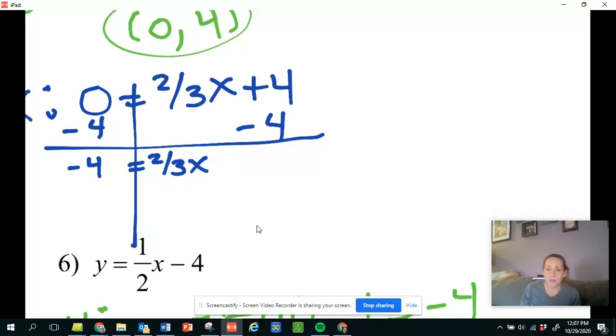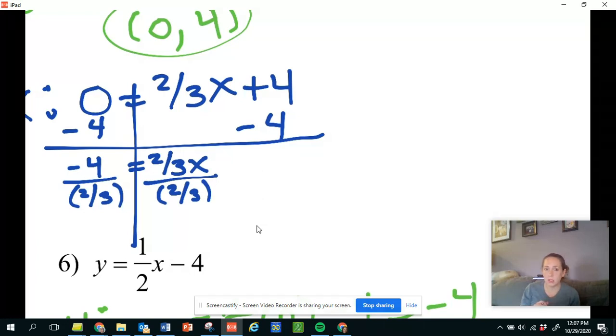Now to get x by itself, I have to divide. So negative 4 divided by 2/3. Now remember, when you divide, you have to be careful to put the fraction in parentheses. Essentially what you're doing is multiplying by the reciprocal.